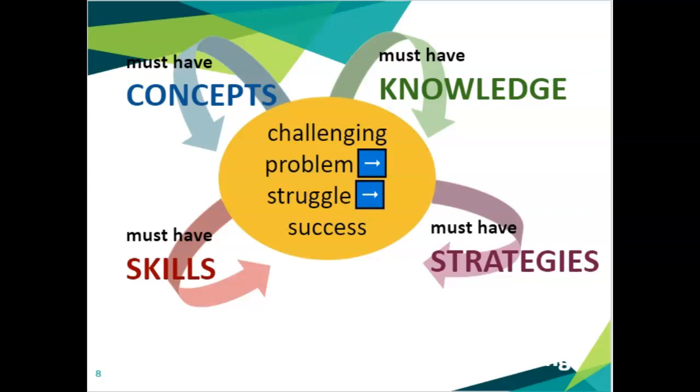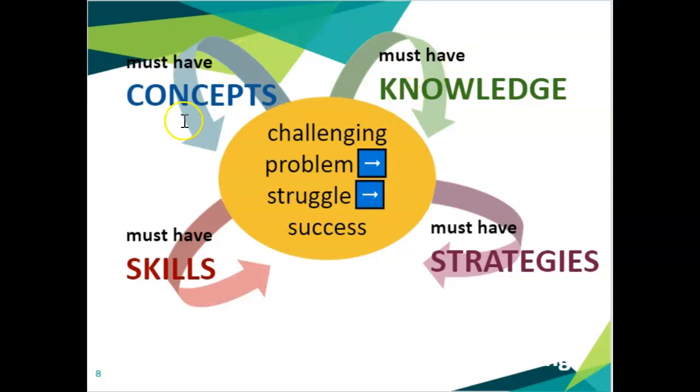And when we wonder why that is, it is often these outside arrows: students don't have the concept knowledge. They don't have the knowledge itself. They don't have the strategies they need to engage, or they don't have the skills that are necessary to tackle this challenging problem, right? So in inquiry or project-based learning, we've given you a challenging problem. We want you to struggle productively to be successful.